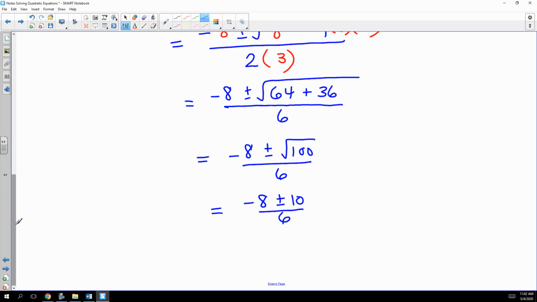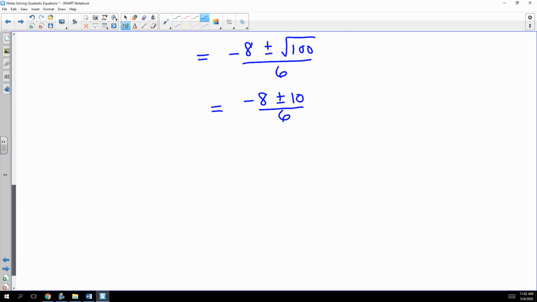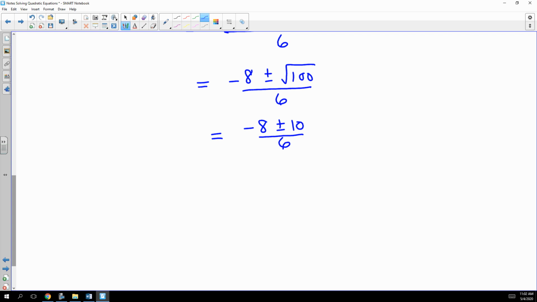And here's what's going to happen with that. If you want to use the quadratic formula on something like this, you have to make sure that if you get to this perfect square and you've simplified it all the way down to negative 8 plus or minus 10 over 6, then you need to separate it: negative 8 plus 10 over 6 and negative 8 minus 10 over 6.